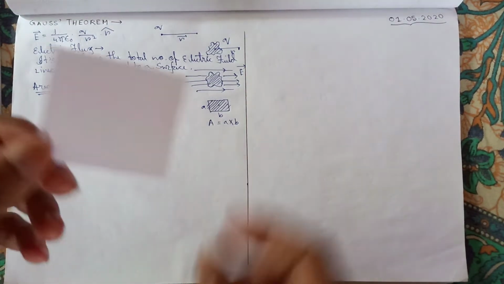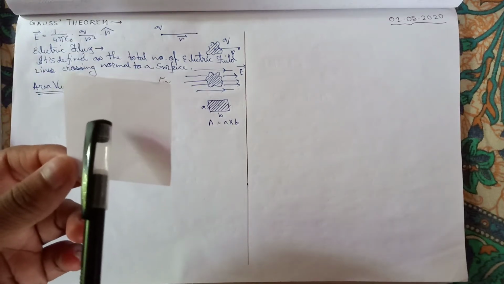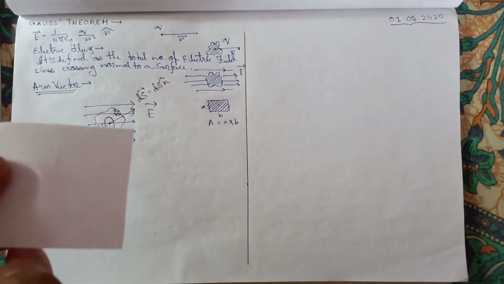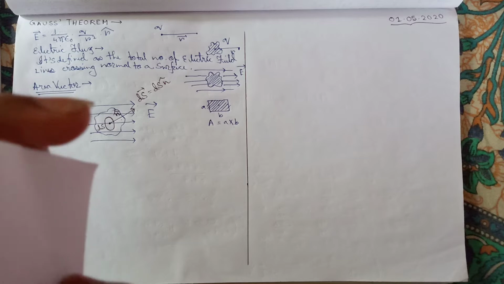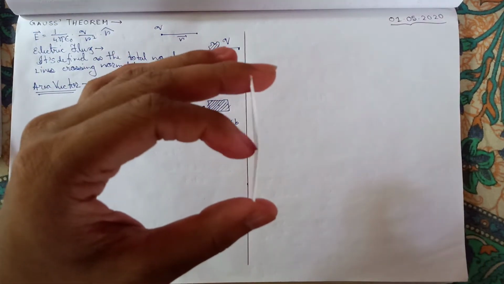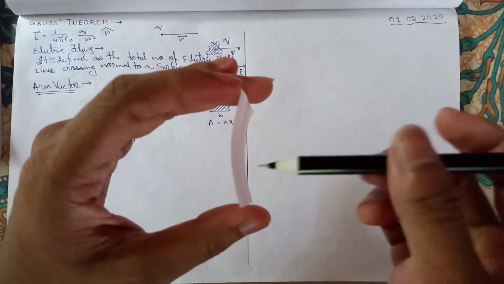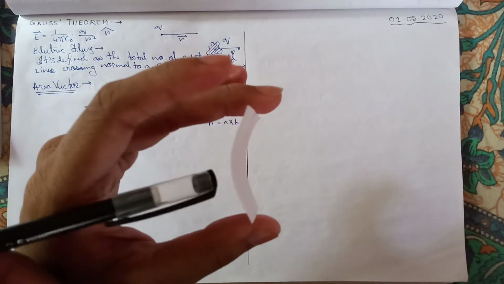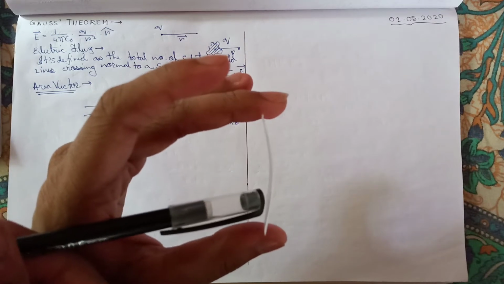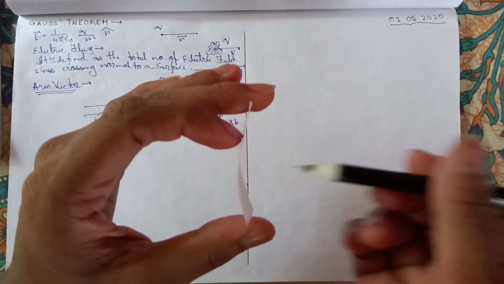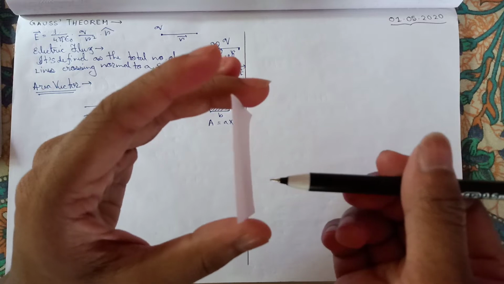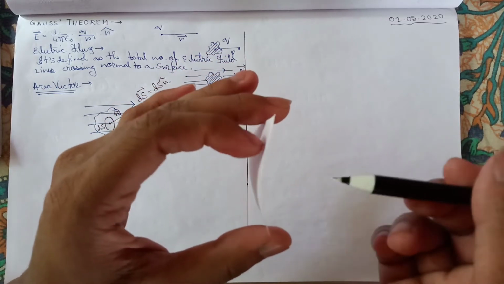So let's see this paper. This is the surface area, right? Suppose this area is held like that, right? So what will happen if a person sees this area from this side, and what if a person sees this area from the reverse side? So the two persons will see the same amount of area from reverse directions, right?